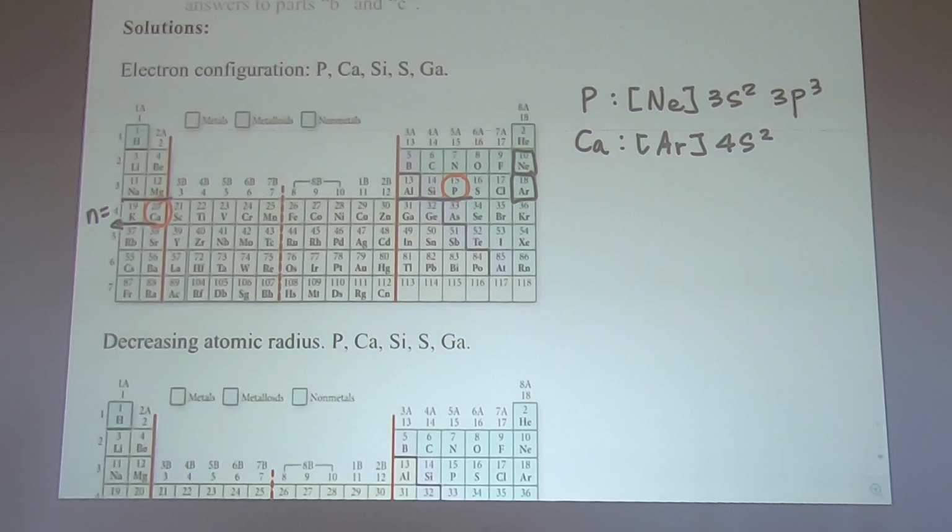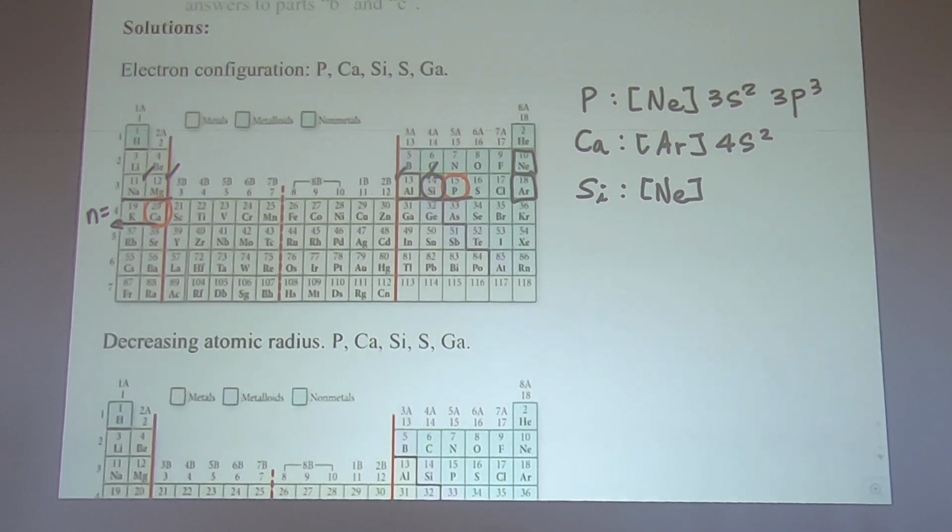Okay, so what's the next one? The silicon. Silicon, where are you? Here, right? Silicon's right here, and the closest noble gas with the smaller number of electrons is neon, and then 2, 3, 4.